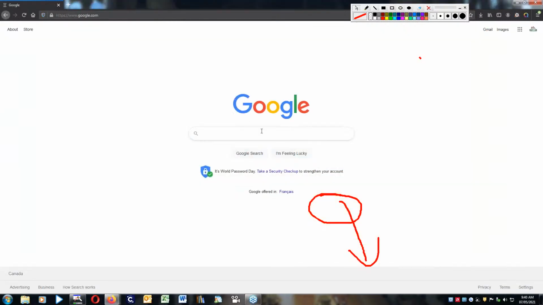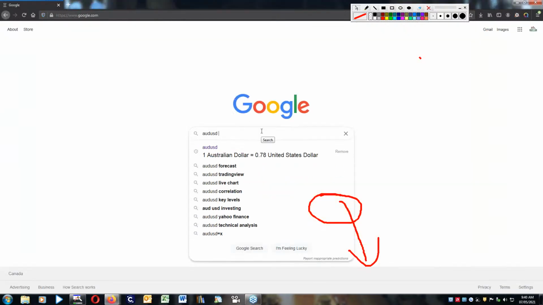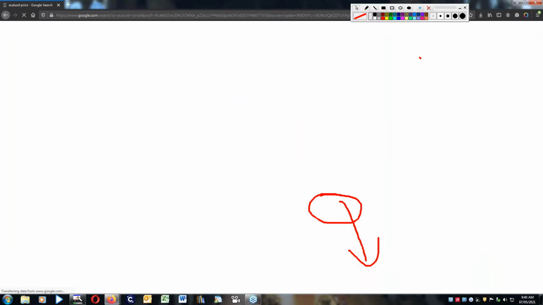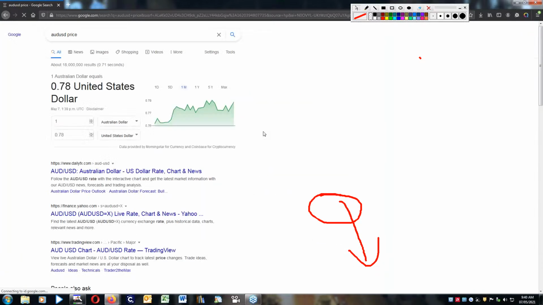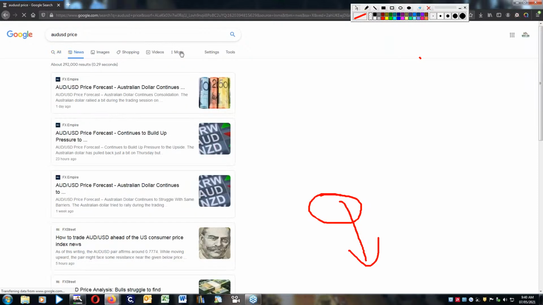Aussie US dollar price. Enter that on Google, because Google's great for the masses. It's what everybody's looking at, so we want to see what everybody was looking at. Tools, I think. Recent custom range.